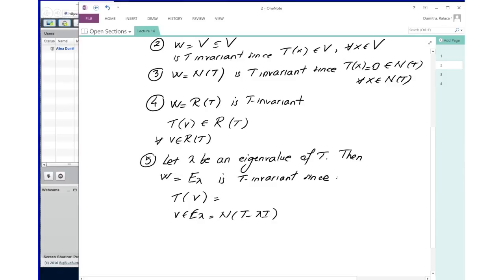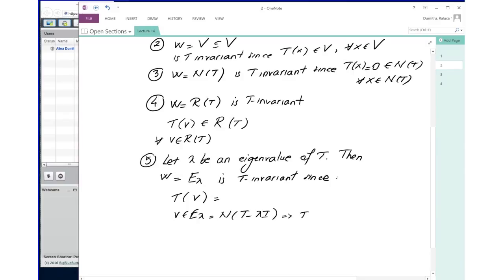So what is T of V? T of V equals lambda times V. It's an eigenvector, right?